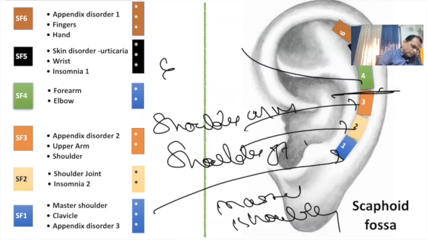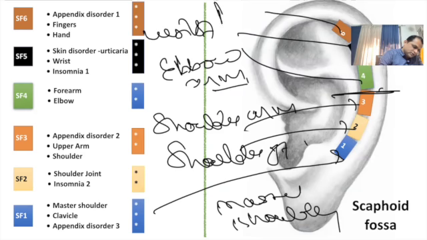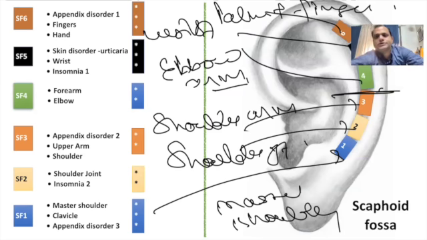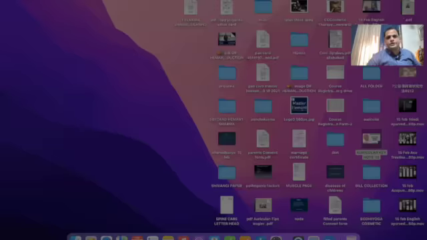SF4 will be elbow and arm. SF5 is wrist and SF6 will be palm plus fingers. Palm plus fingers, right? So this is the description of all the things. Okay, now, is it clear? Shall I demonstrate if it is clear? Location is clear. If any question, put in the chat box.